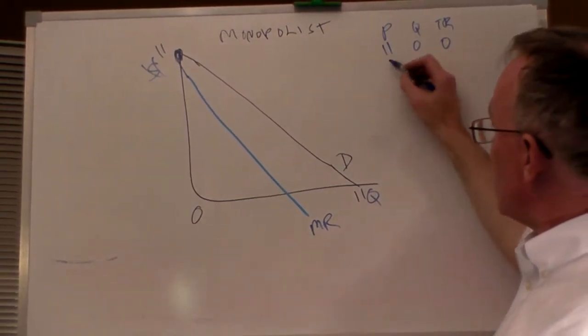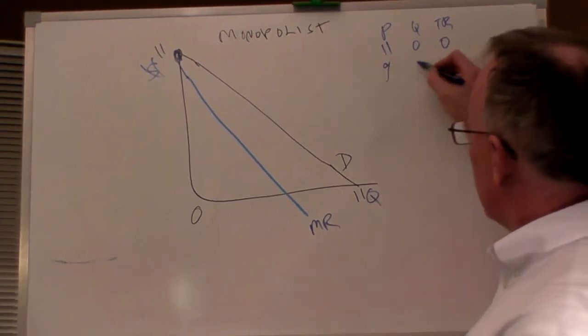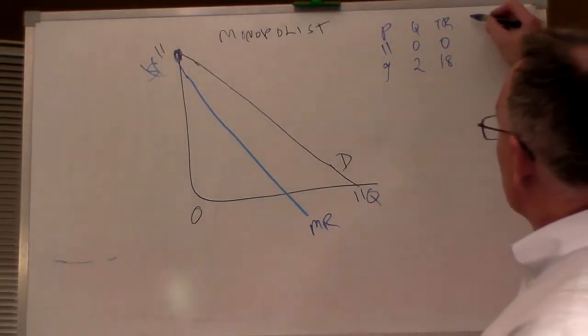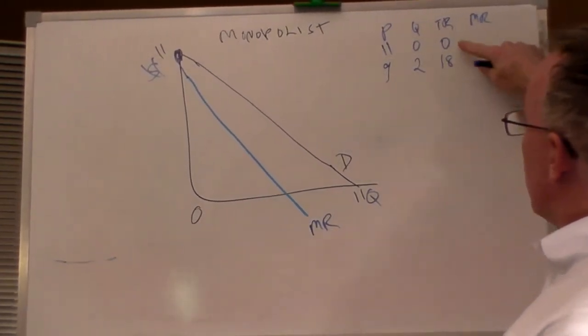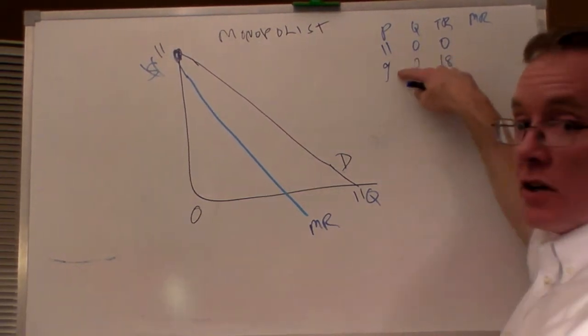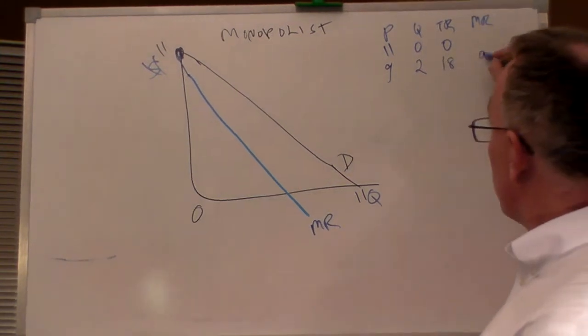And if the firm dropped the price to 9, they could sell 2 items. The total revenue would be 18. And then the marginal revenue would be 18 minus 0, that's the change in total revenue, divided by 2, because our quantity is 2, so the marginal revenue would be 9.